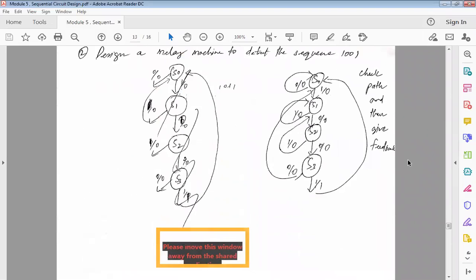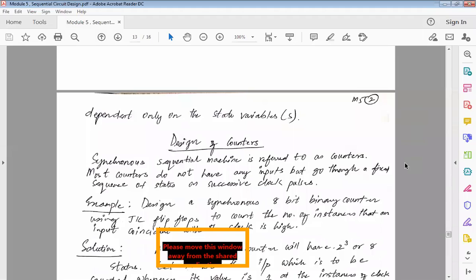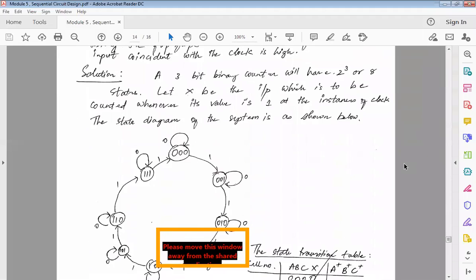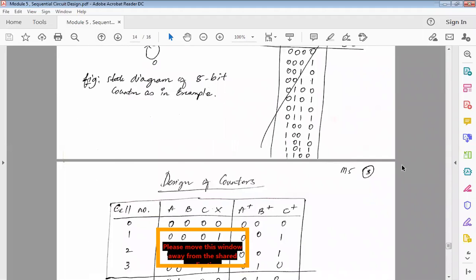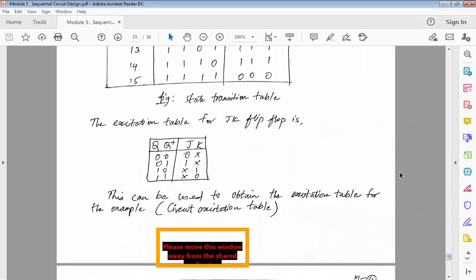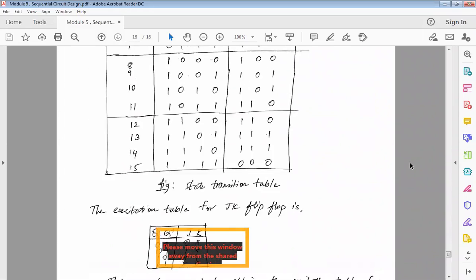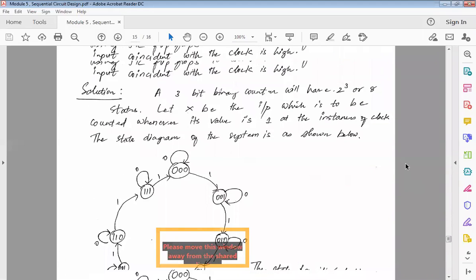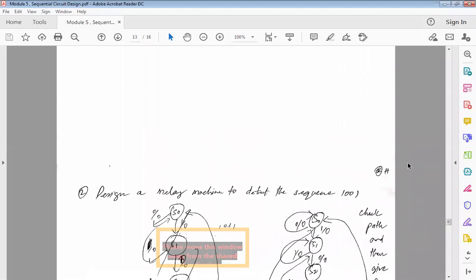So these concepts are important. Then comes your counters, a very interesting section, where we will be designing counters. These are a few topics left out, and then afterwards the design of ALU.